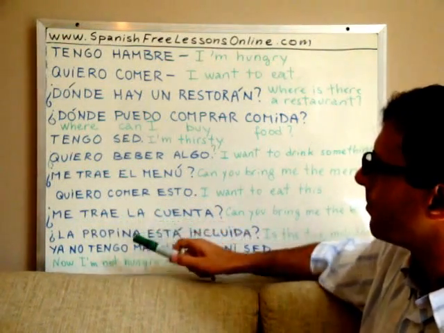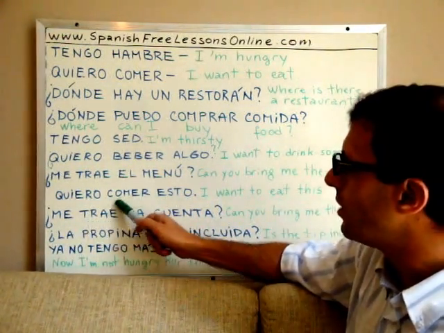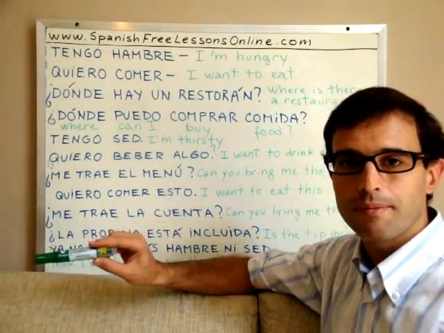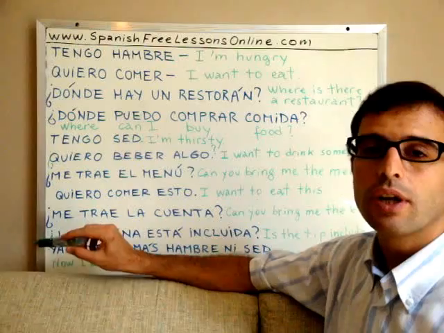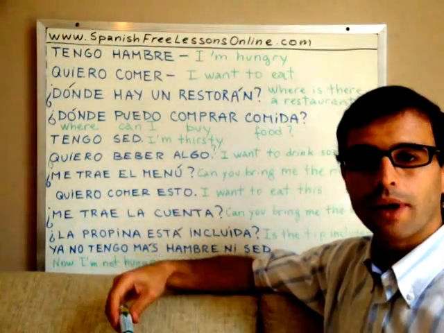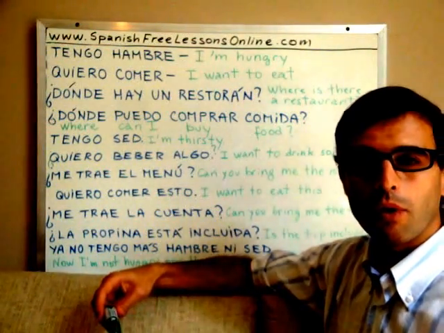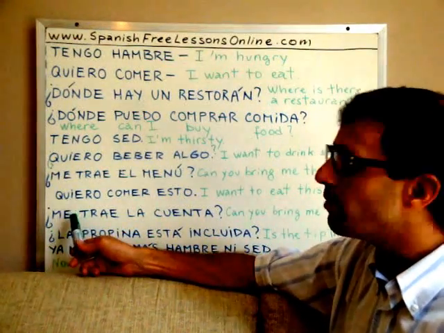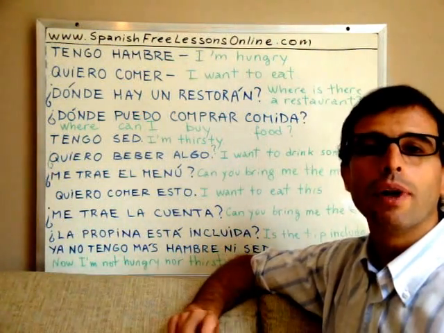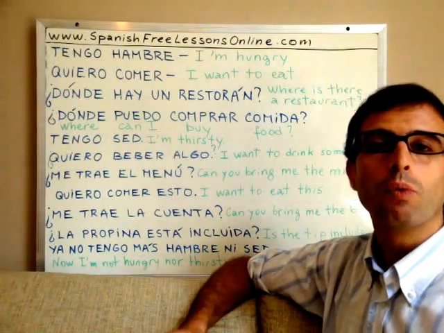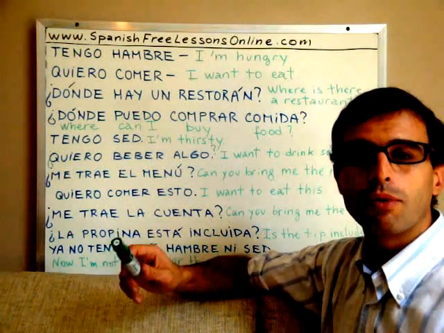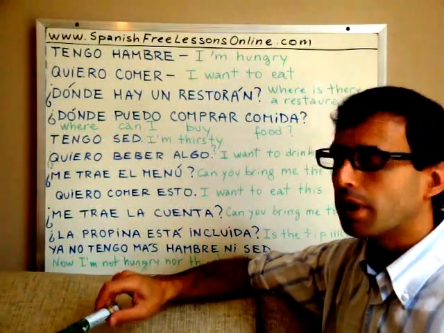Trae la cuenta. Trae is conjugated for third person of the singular, for he. But here we are talking to the waiter, right? So it's a you, a second person of the singular. However, if you remember, the polite way of speaking, the formal way of speaking in Spanish is usted, the pronoun usted, subject pronoun.